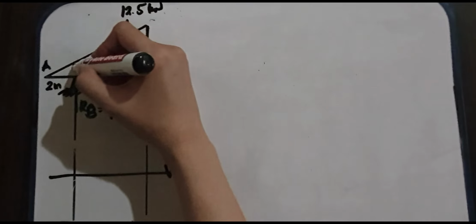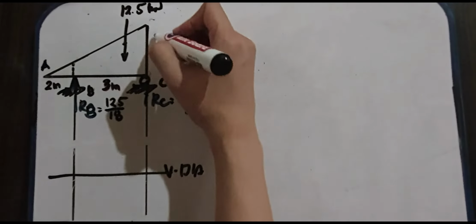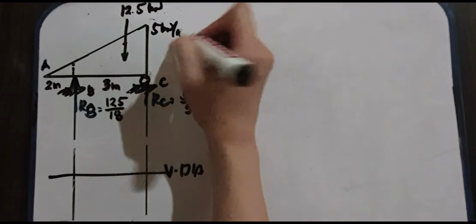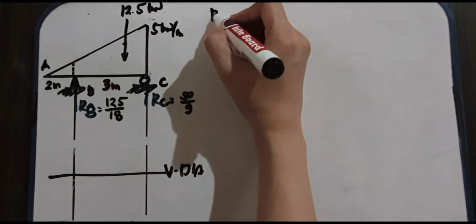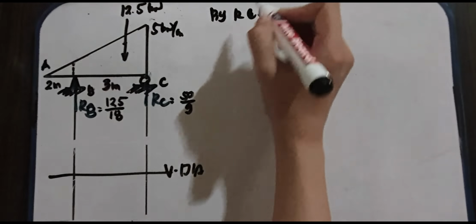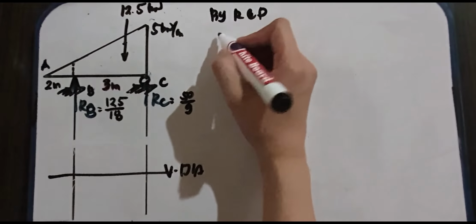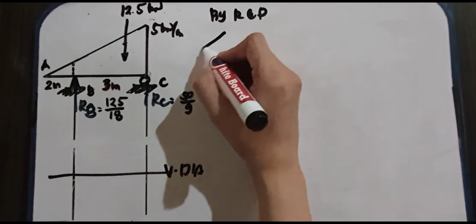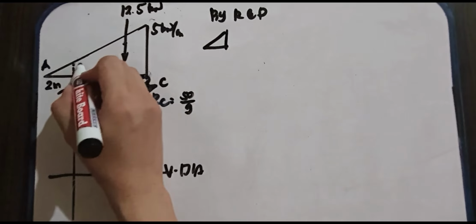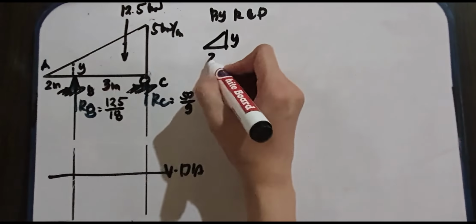So, let's find the shear diagram. For the shear diagram, we first need to find this. We know this is 5 kilonewton per meter and this distance is 5. By means of ratio and proportion, with the small triangle and the big triangle, let's isolate the small triangle, label it as Y, and this is 2 meters.